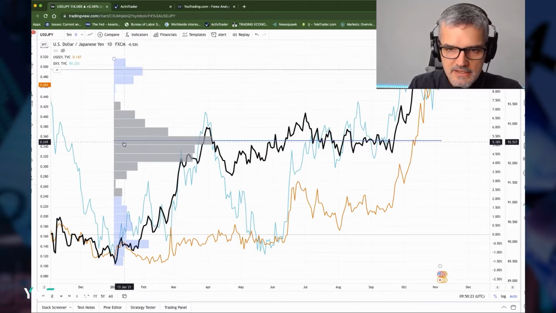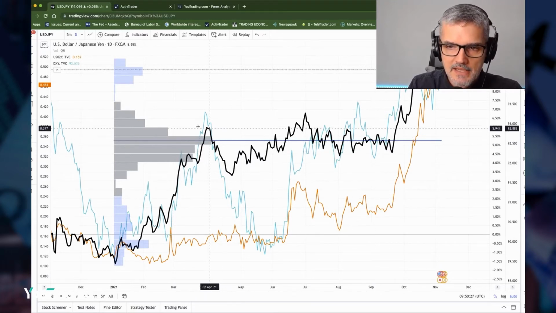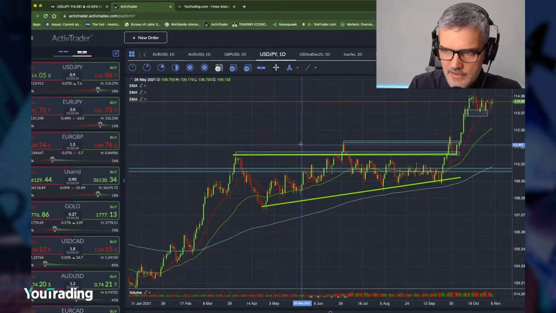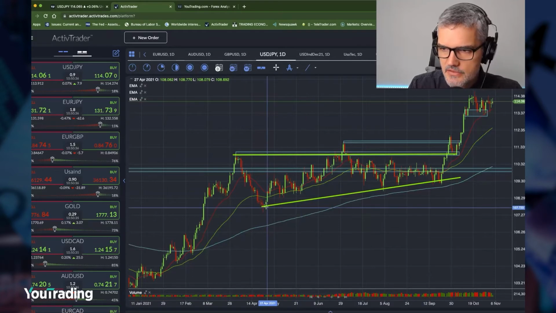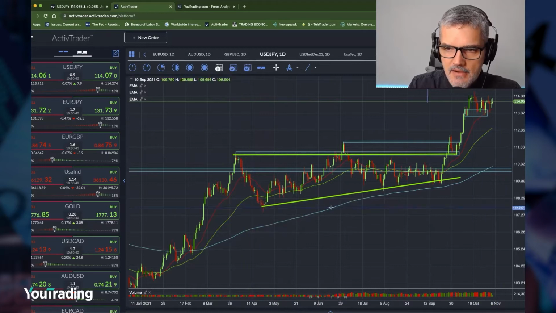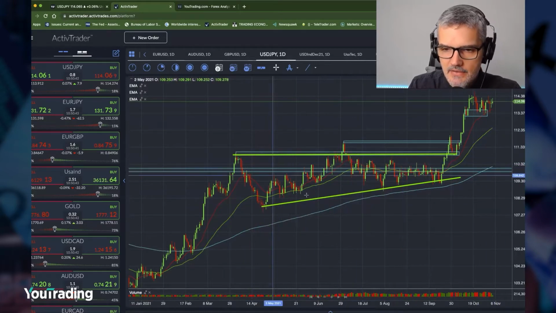So I'm just going to use this as an activity monitor. And most of the activity has taken place in this range between, if we go back to active trader, 111.50 down to 107.70.